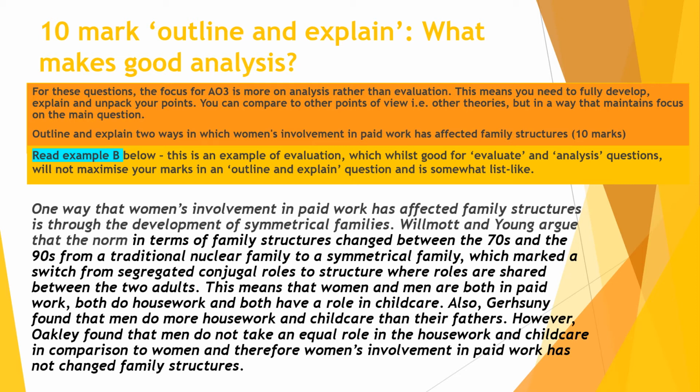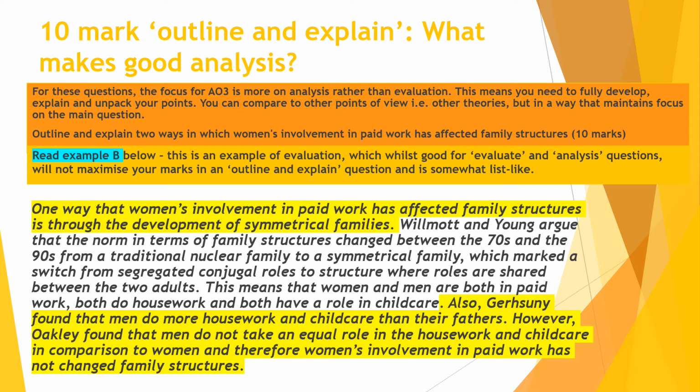Compared to example B, which again is the same question, there was good evaluation, there was good analysis, but these aren't going to be helpful in a 10-mark identify and explain. You don't get marks for evaluation. So as you can see here, starting off again strong, one way that women's paid work has affected family structures is, they talk about Wilmot and Young.